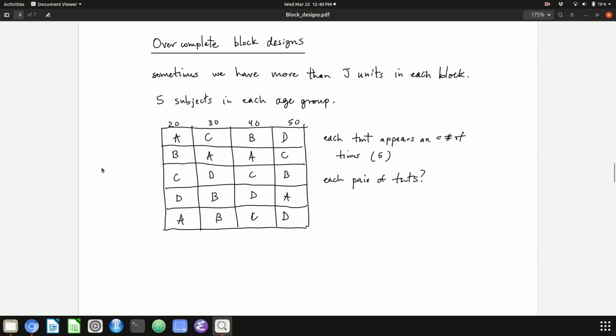But it will get us pretty far, and I think we can just intuitively realize that this is a balanced design. One way of thinking about it is if you just restrict to looking at the first 4 units in each group, this is a complete block design. And then basically you take each treatment and append it to one of the 4 blocks.